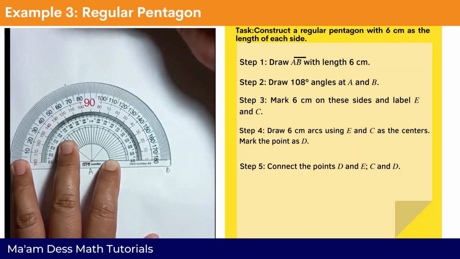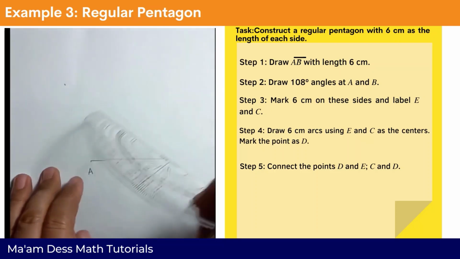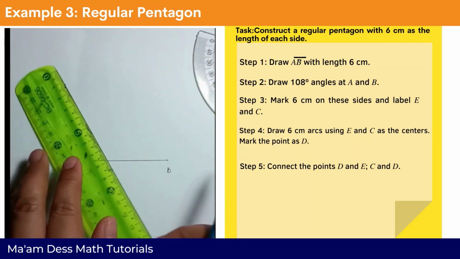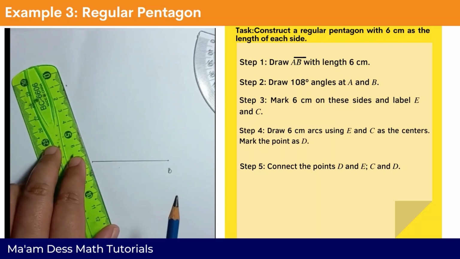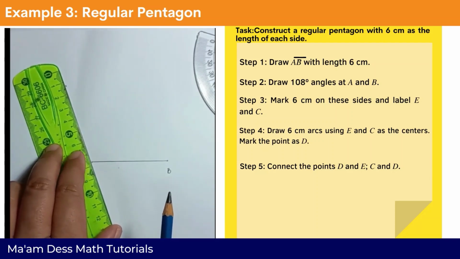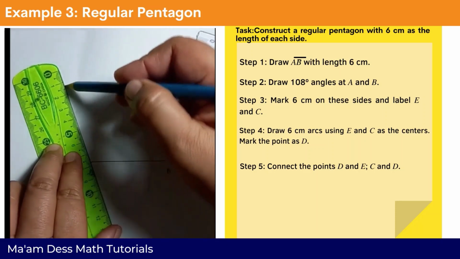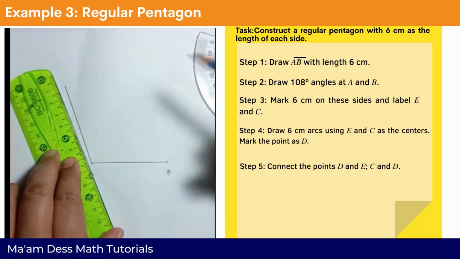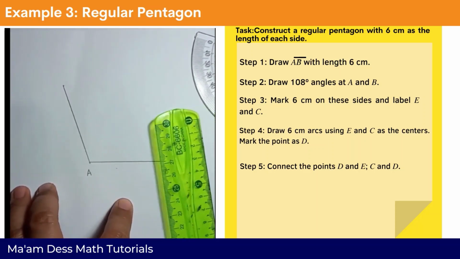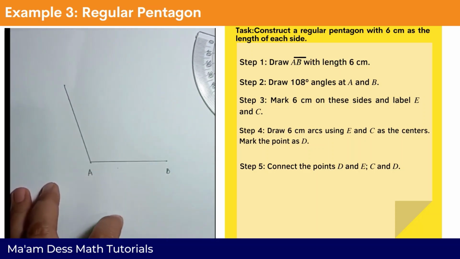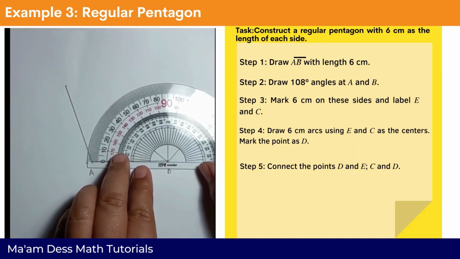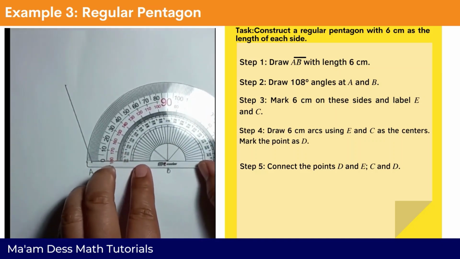Now, connect the sides. Now, connect the points. Okay. And then, also at B, make an angle of the measure of 108.